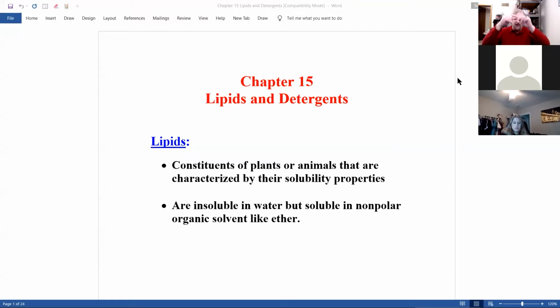But lipids are insoluble in water, but soluble in nonpolar organic solvents, and I'll teach you about nonpolar this chapter, like ether or hexane. I guess you could also put gasoline too, but don't try that at home, please.